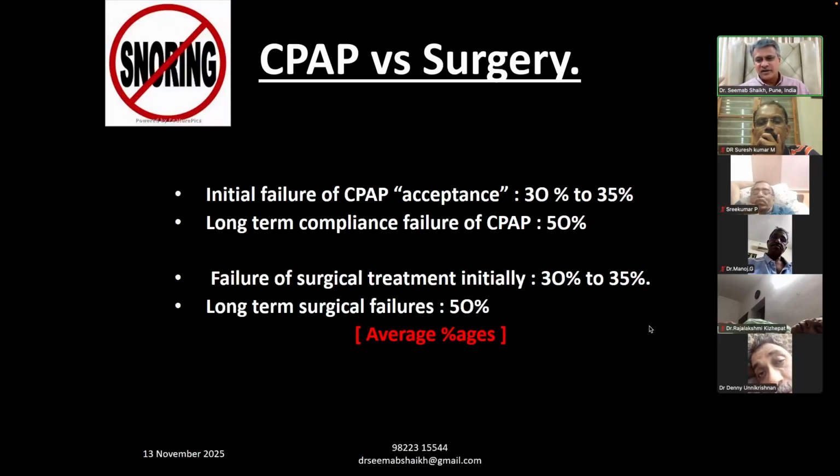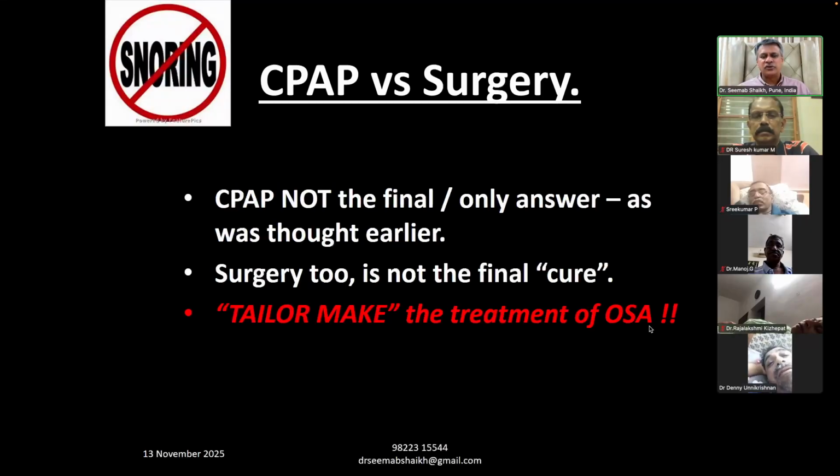That doesn't work because if the patient has been CPAP free for 30 years, then why is that surgery called a failure? Then that surgery is not a failure. So you have to understand these concepts before you can talk to your other colleagues in the non ENT fraternity so that you are able to justify what you're doing.